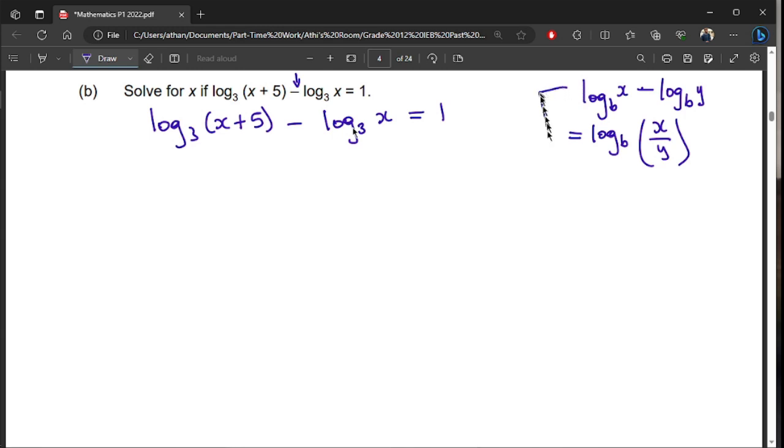That is the law basically. So please know the laws of log and how to move between them.